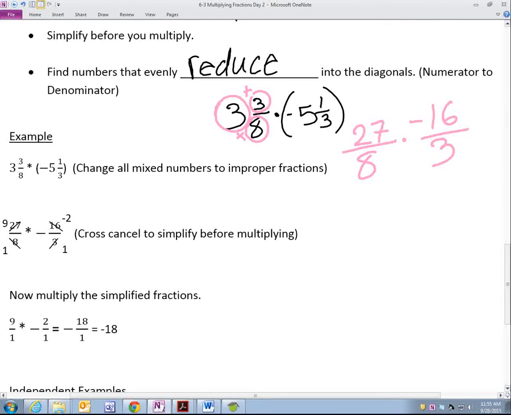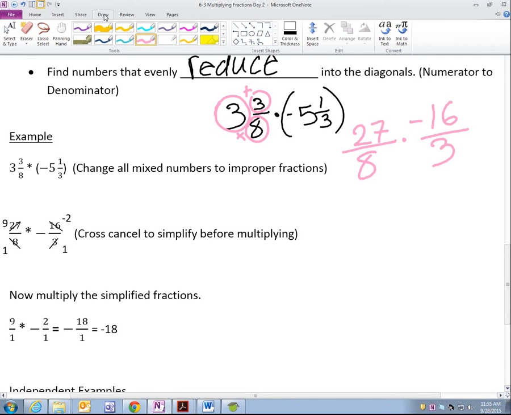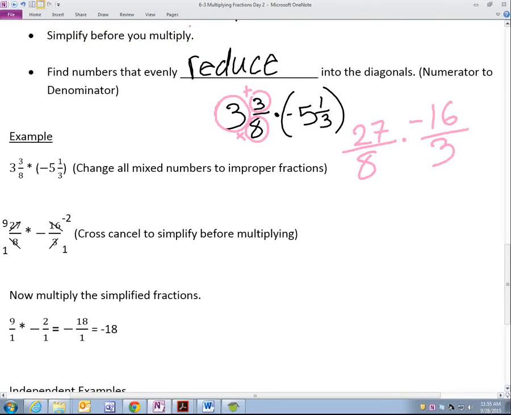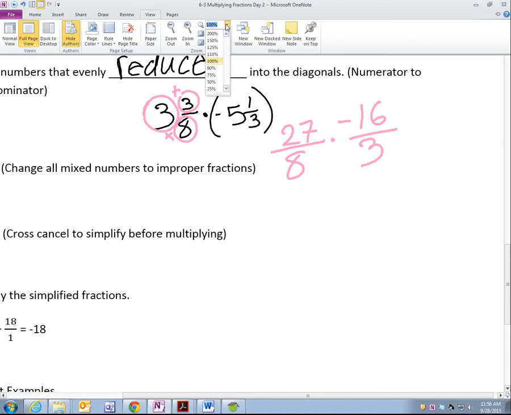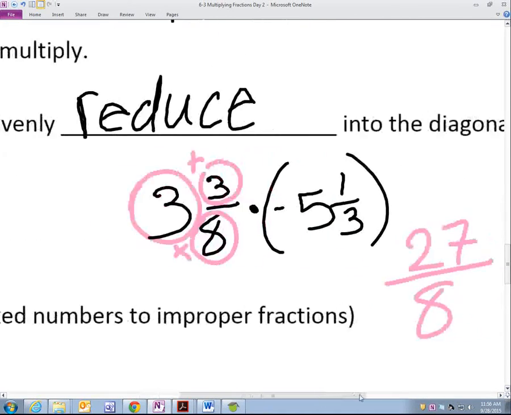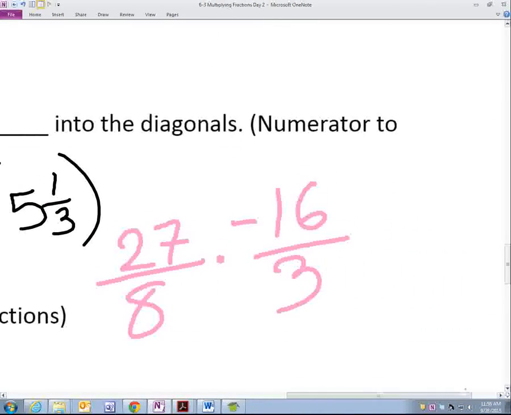So now I'm going to cross cancel to simplify before multiplying. I'm going to zoom in a whole bunch so you can see what's happening.